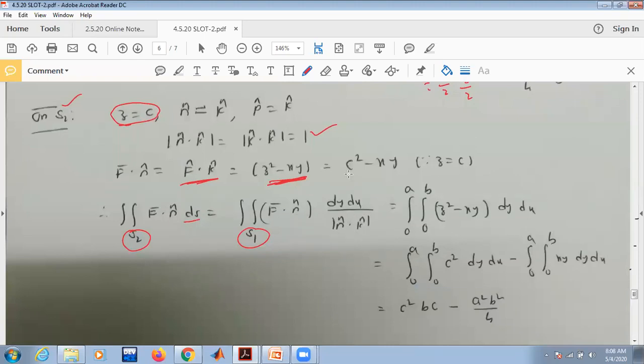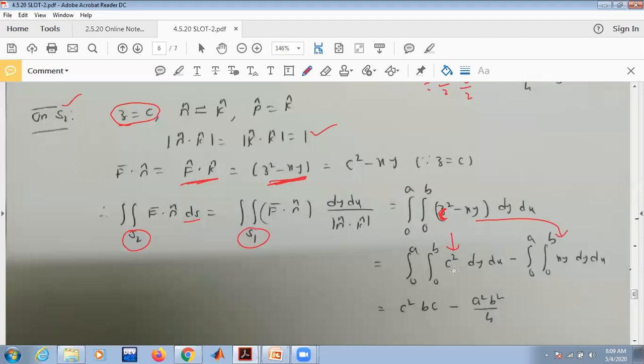F bar dot n bar is c square minus xy. Now I separated the integrals, c square on one side, and I applied the double integral to each term, c square minus xy dy dx. And again S1 is a rectangular region. Therefore all the limits are going to be constants. So y varies from 0 to b and x varies from 0 to a.